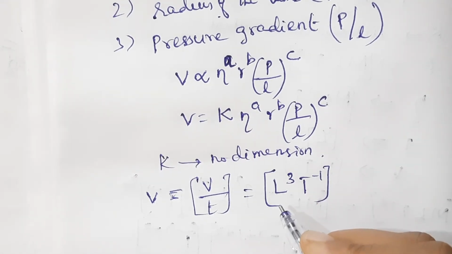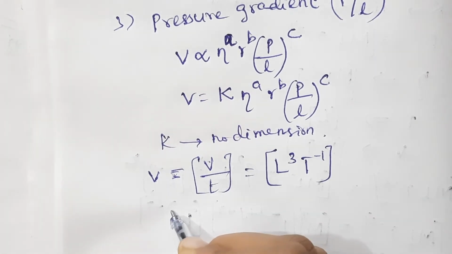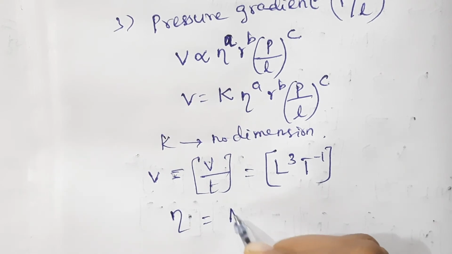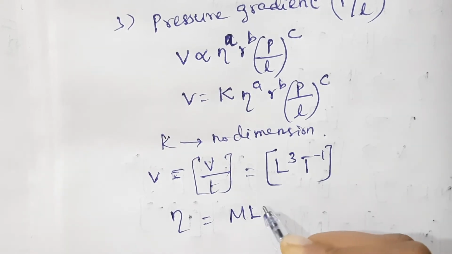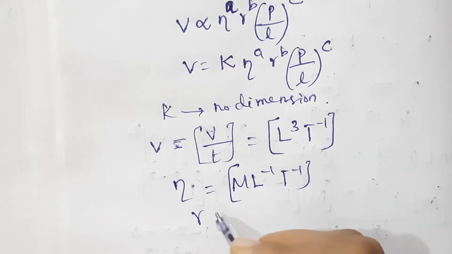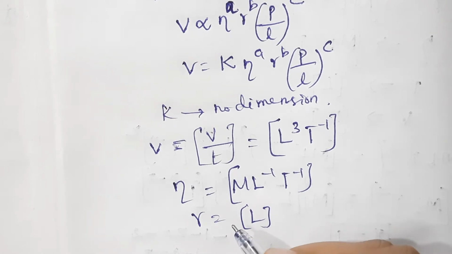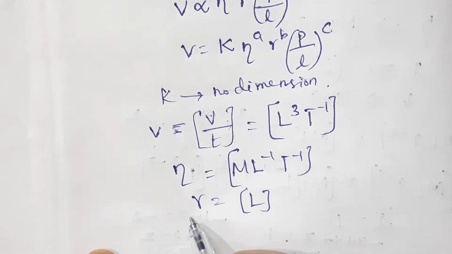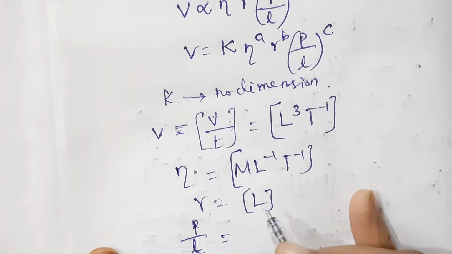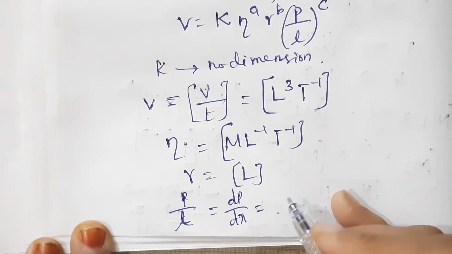Eta is M L power minus 1 T power minus 1. Then R is L. Now the pressure gradient, P by L, or dP by dx, the change of pressure with distance.